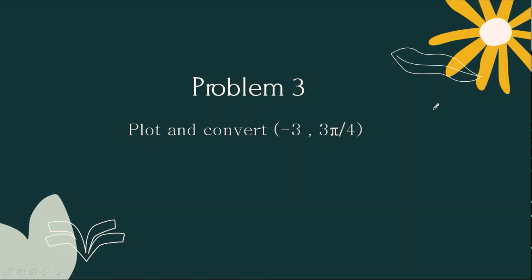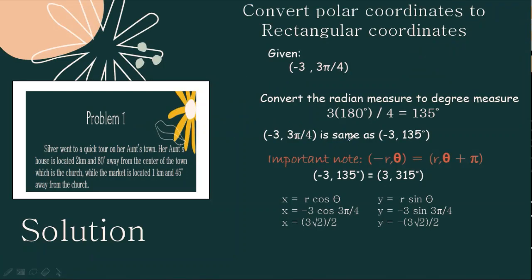So plot and convert negative 3, comma, 3 pi over 4. Again, same with problem number 2. Our polar angle here is in radian measure. So first, we need to convert it to degree measure before we convert it to rectangular coordinates.